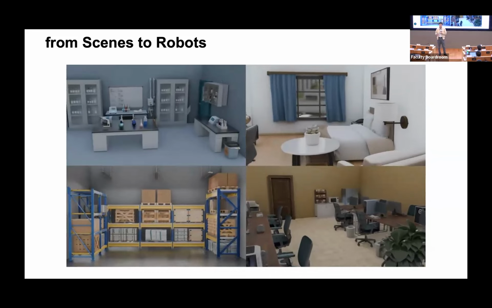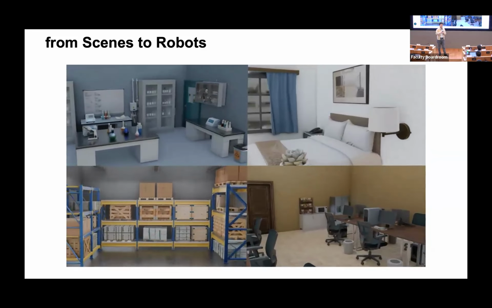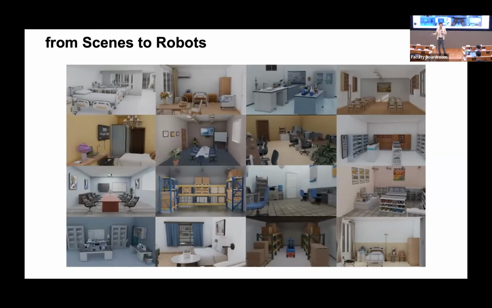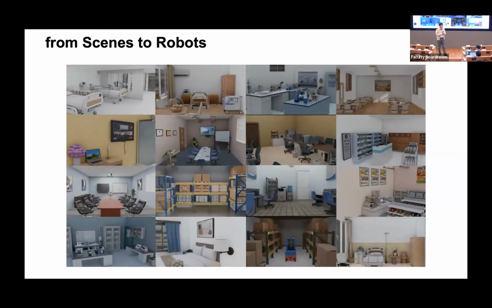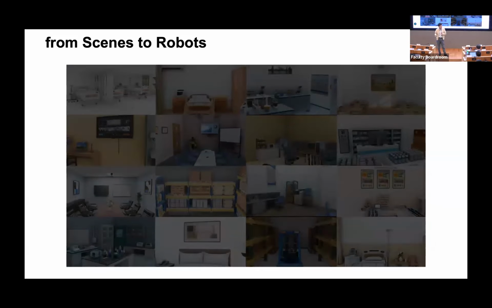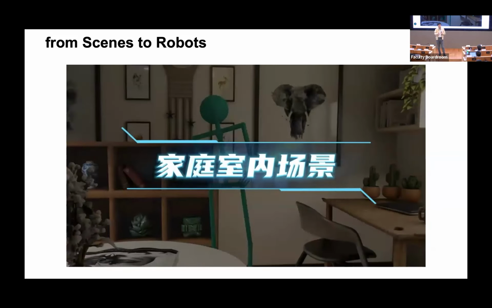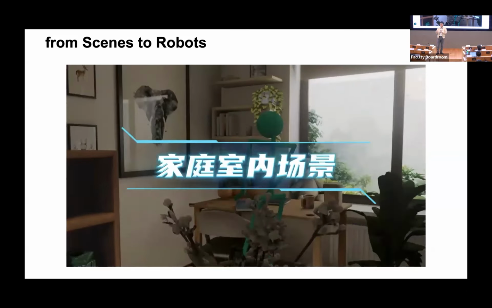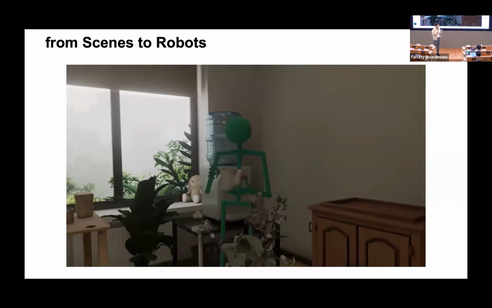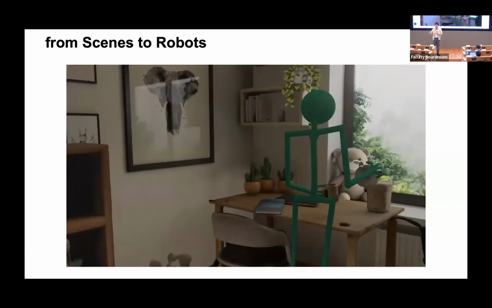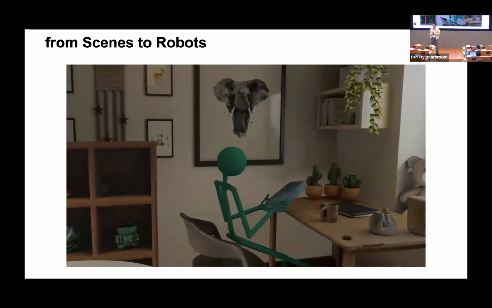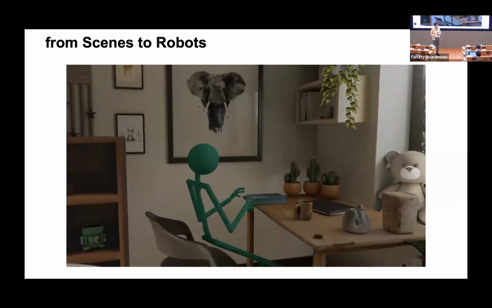So you can imagine we can take this approach to generate hundreds of thousands of different rooms of all kinds of environments, like apartments, factories, hospitals, and we can potentially use this kind of data as the training environment for robot applications, for humanoid robot applications, and so on.